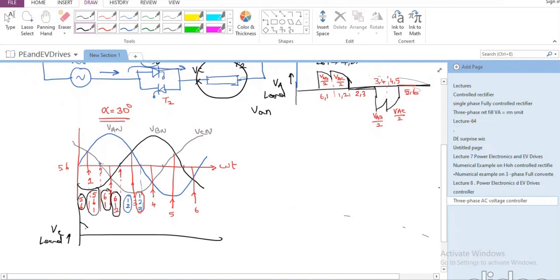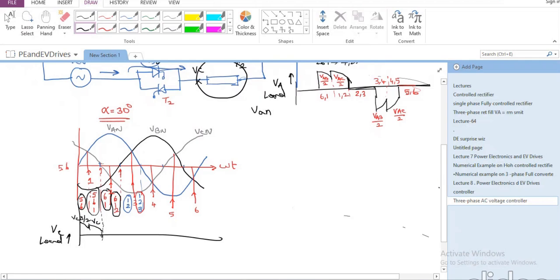Because 5 is conducting, you get a positive voltage. Whereas VC is still positive, so until 5, 6, and 1 are conducting, I'm going to have VC appearing. So this is VCN, whereas this will be VCB divided by 2.